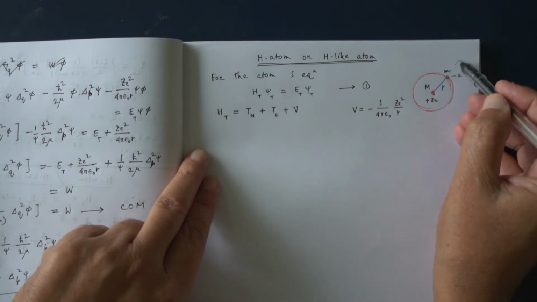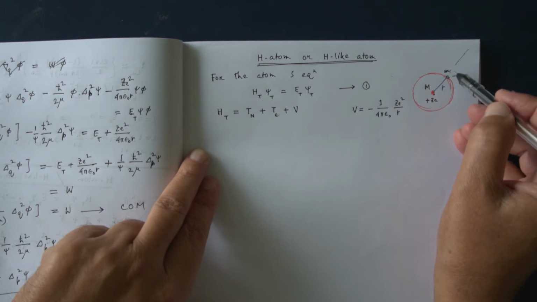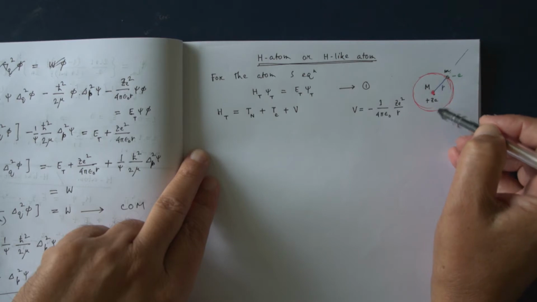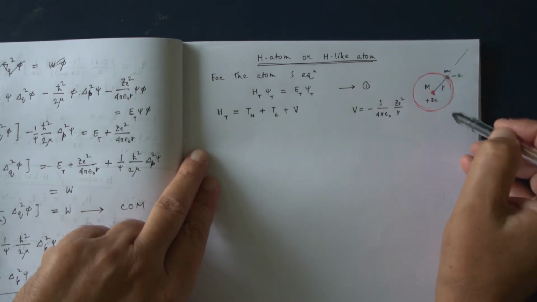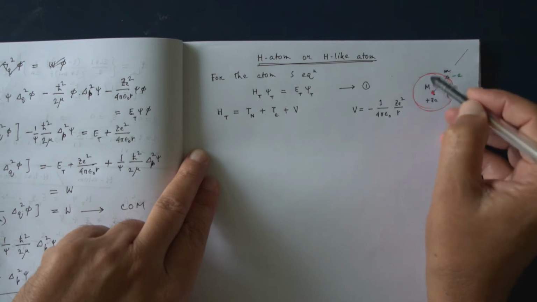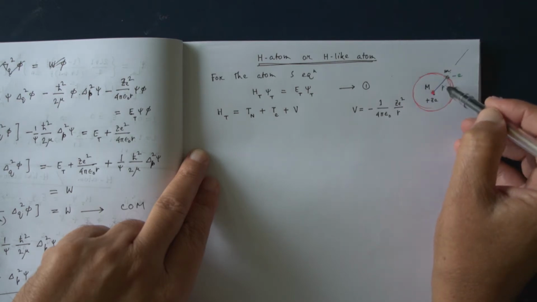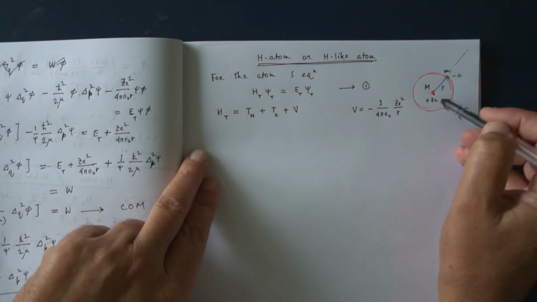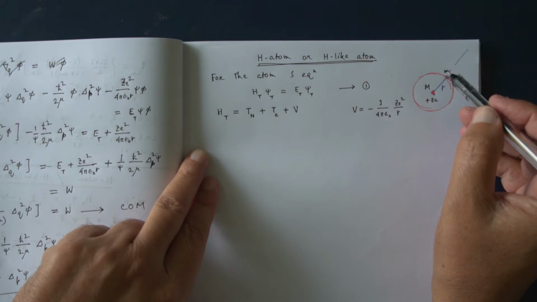As r increases, attraction decreases and potential energy decreases. That means in any direction towards the center, potential energy is more. As you move away from the nucleus, potential energy decreases.